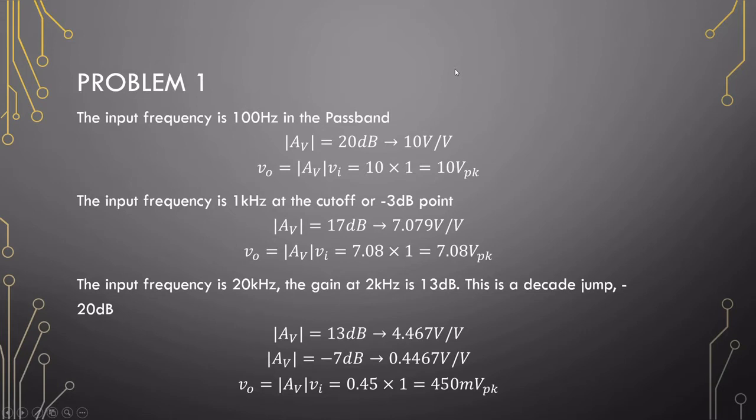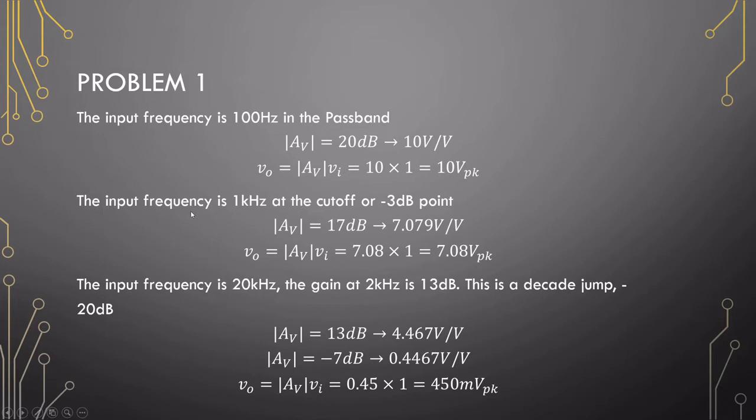Okay, so the input frequency at 100 Hz is in the pass band of our amplifier. So we're inserting a 1 volt signal. So the 1 volt we just multiply by 10, so our output should be 10 volts peak. Right.